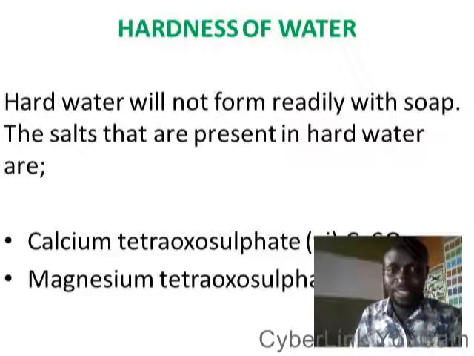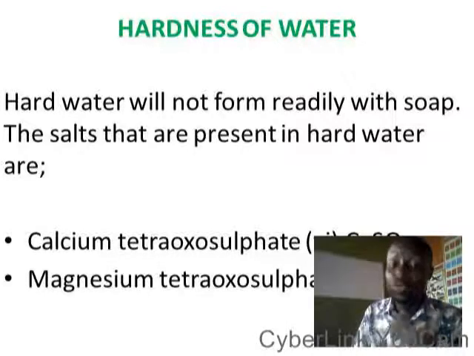Take for instance, if kerosene pours on your soap and you are now pouring water on that soap, using it to wash clothes, it will not foam readily. It wastes soap. So, hardness of water takes place when water does not foam readily with soap.